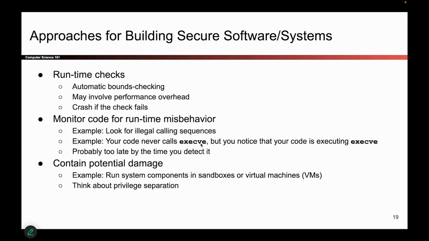And what the execv library function does is it takes in the name of a terminal command, and it runs that terminal command at a high level. But basically, the idea is if your code never calls this library function, and our tool watches your code and notices that your code starts calling this function that you never wrote in your code, that's probably a sign that something has gone wrong. You didn't put this in your code, and it's still running. That's pretty weird. Maybe someone has performed a buffer overflow and redirected the program to call this function.